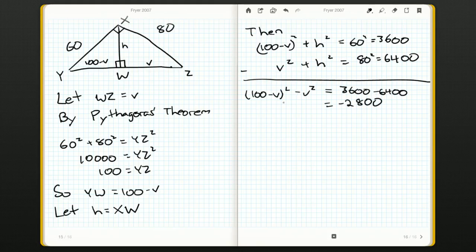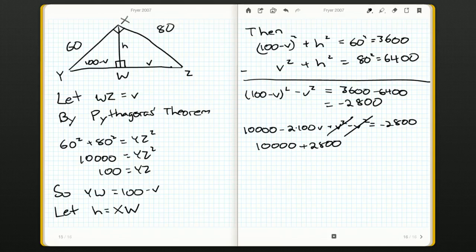So now let's expand this out. (100 minus V) squared is going to be 100 squared minus 2 times 100V plus V squared, minus V squared is negative 2,800. Okay. Well, fortunately for us, these V squareds are going to cancel each other out. So we're going to be left with 10,000. We'll bring the 2,800 over to the one side, and we'll bring this negative 200V over to the other side.